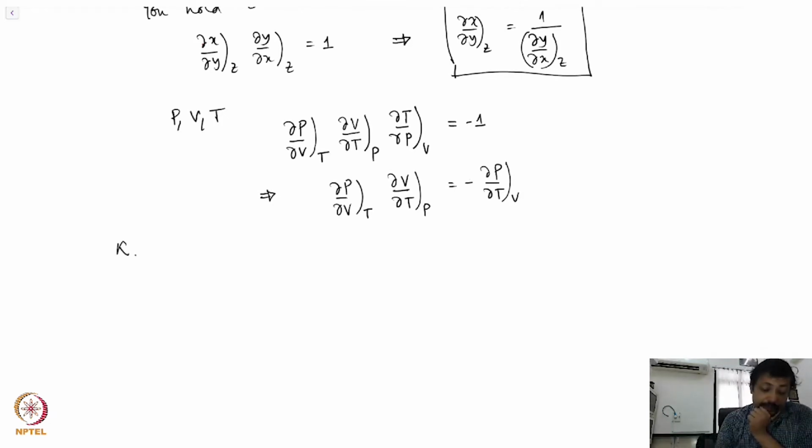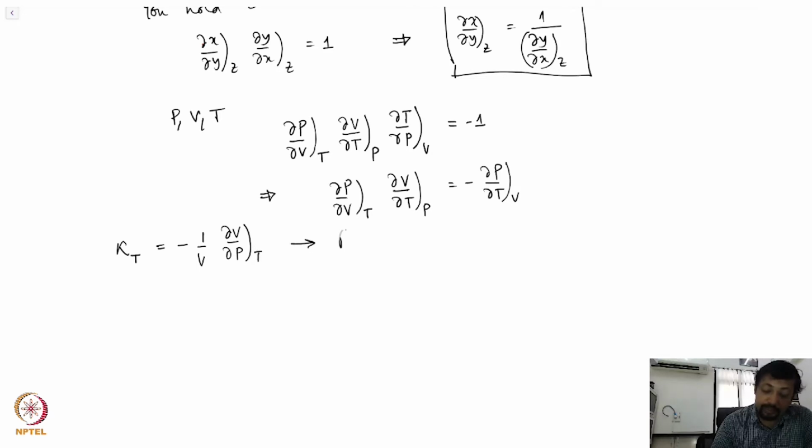But the compressibility, which is the isothermal compressibility of the solvent, is defined as -1 by V del V del P at constant temperature, right?